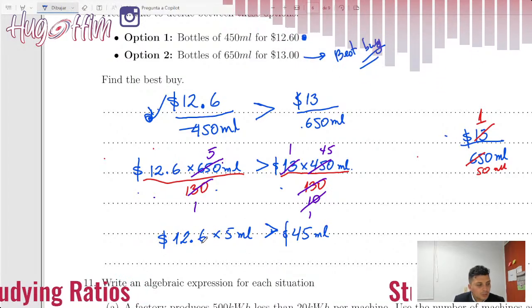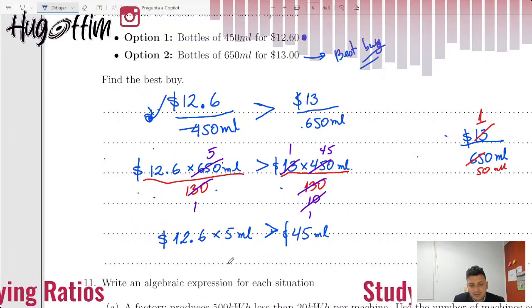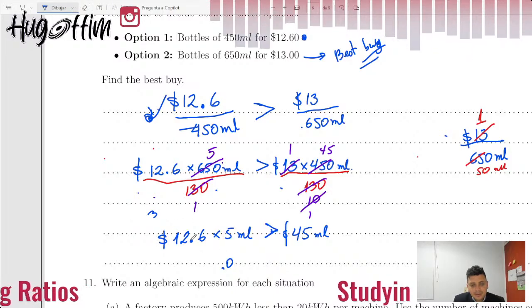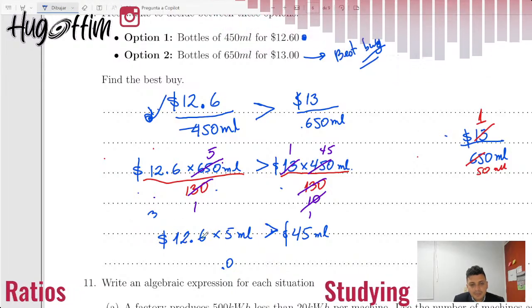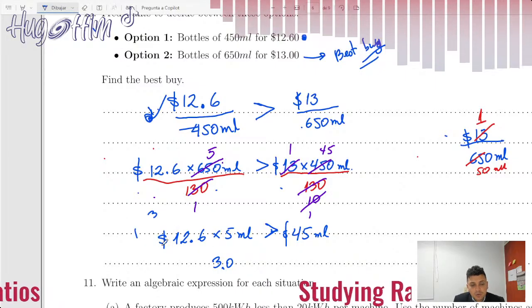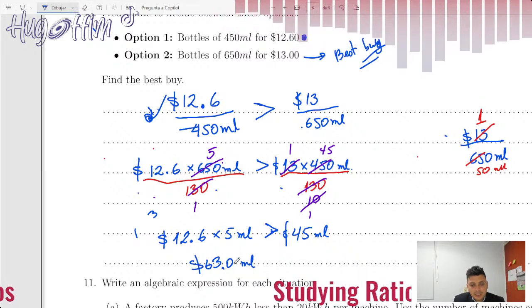Okay, so I'm going to multiply 5 times 12.6. 6 times 5, 30. 5 times 2, 10, and 3, 13. 5 times 1, 5, and 1, 6. $63 milliliters.